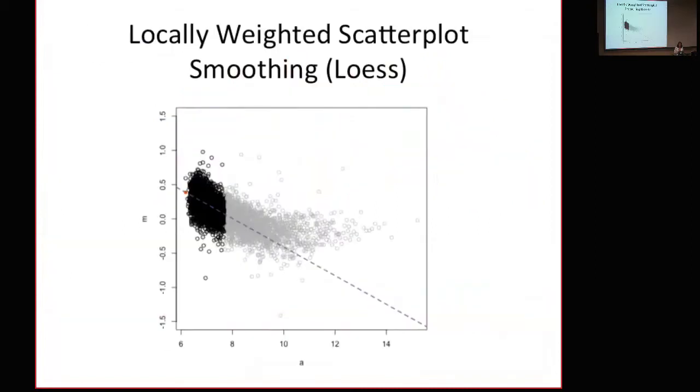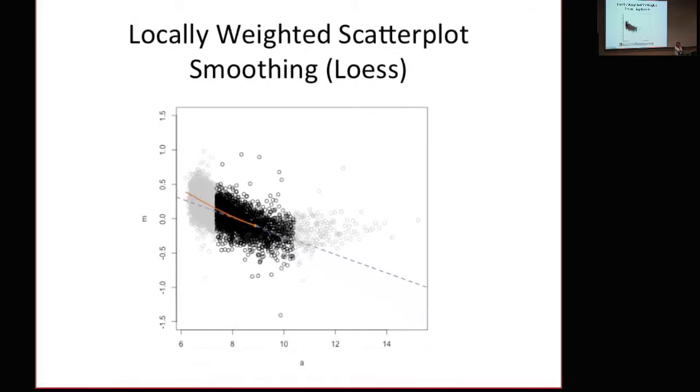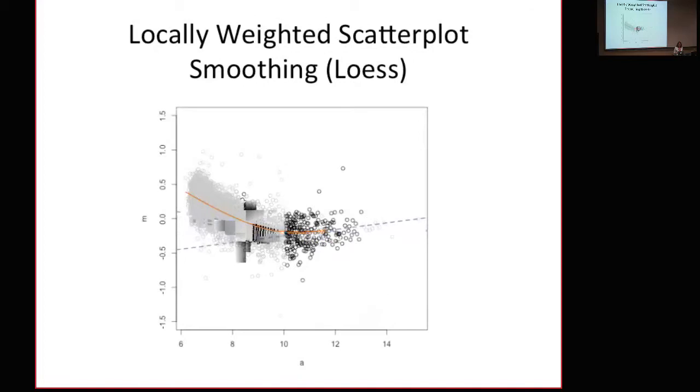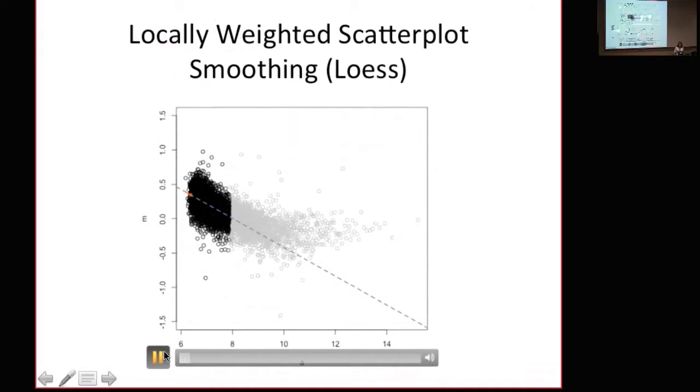Okay. So where are the smooth lines? I'm going to play a GIF to help explain it. The lines I mentioned before are created using what's called LOESS, or locally weighted scatter plot smoothing. I'm not going to really explain what that is, but the GIF kind of tells you what's happening.